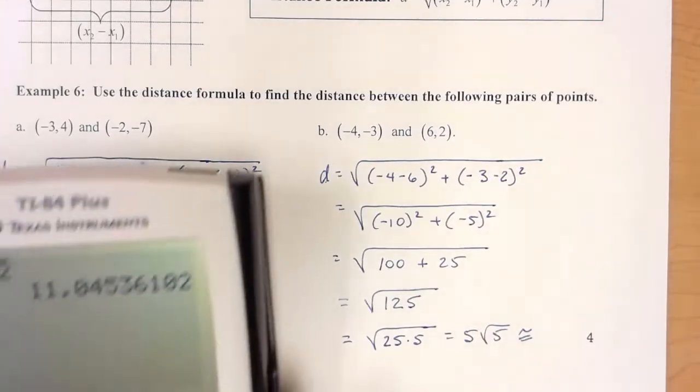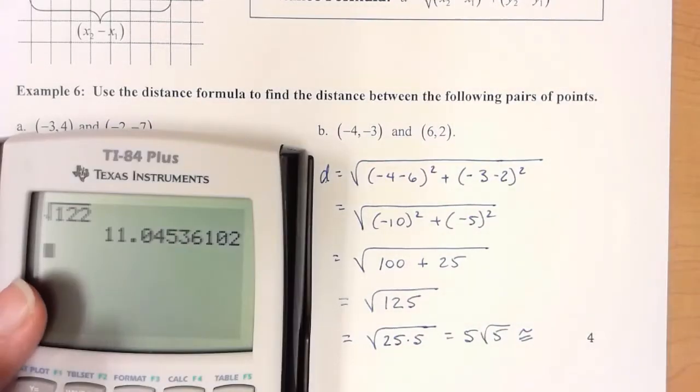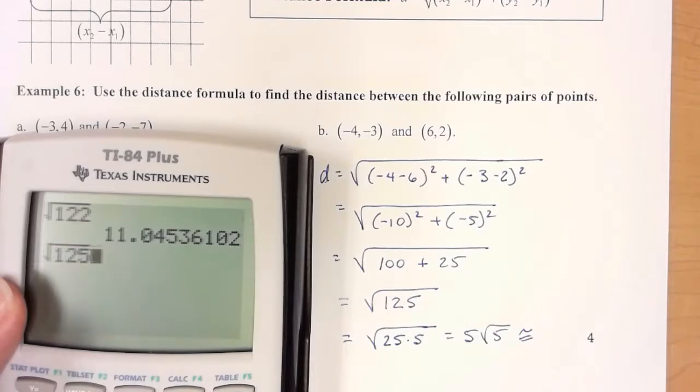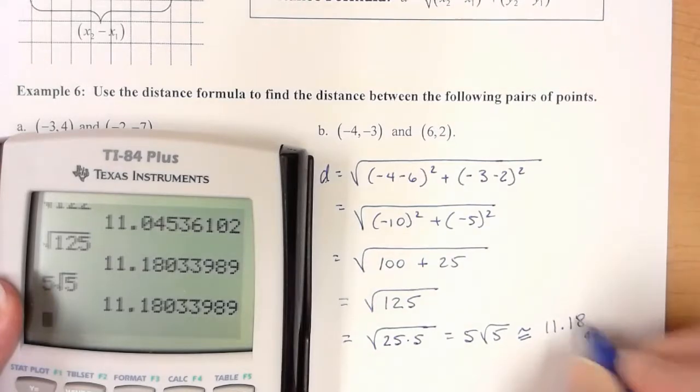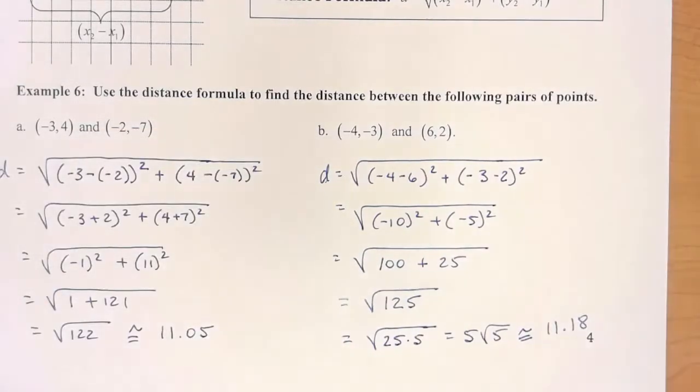And also find out if I simplified it right. So square root of 125, 5 square root of 5. Okay, so 11.18 would be the distance between those 2 points.